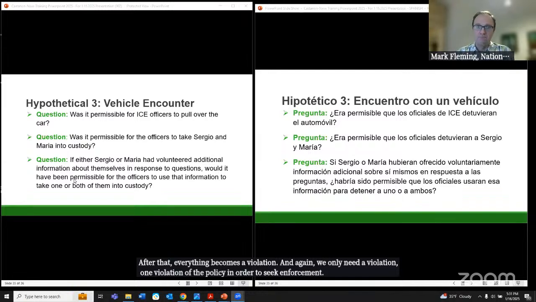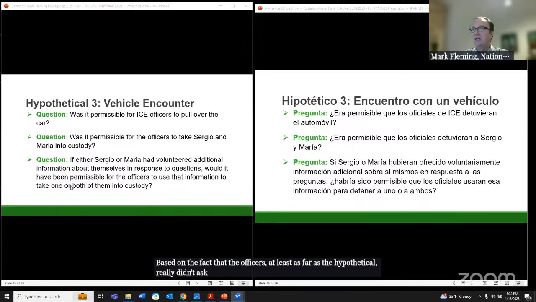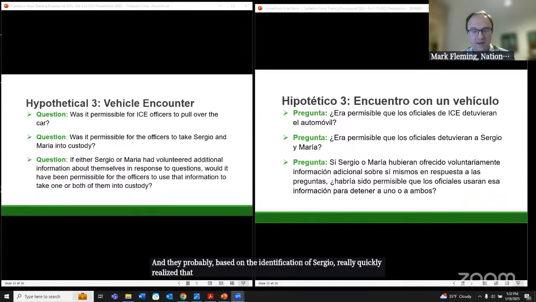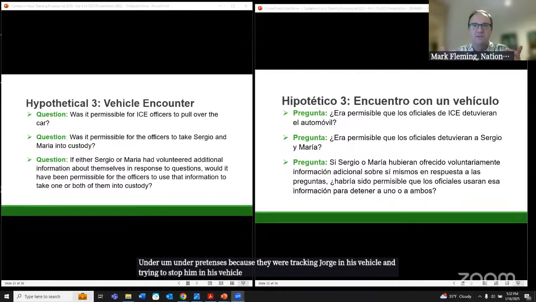It's based on the fact that the officers, at least as far as the hypothetical, really didn't ask any other questions. And they probably, based on the identification of Sergio, really quickly realized that they did not have Jorge. So even if they maybe made the stop under proper pretenses because they were tracking Jorge in his vehicle and trying to stop him in his vehicle, they immediately started to violate it.